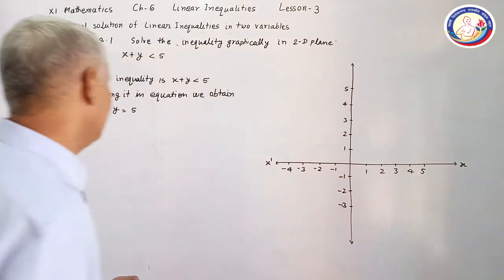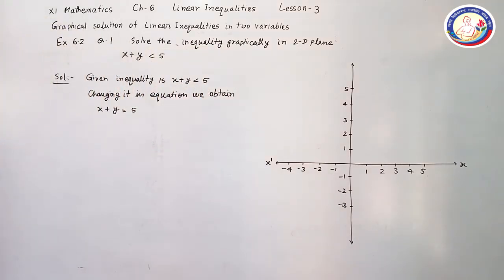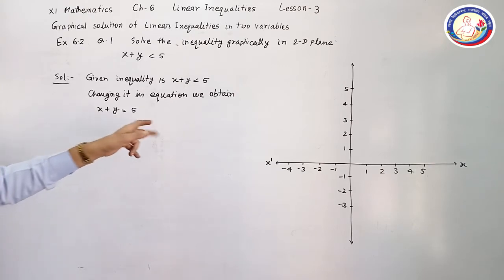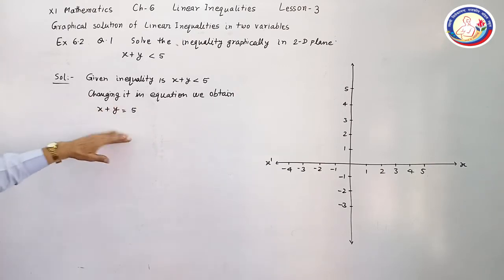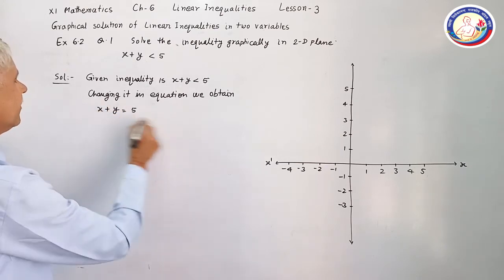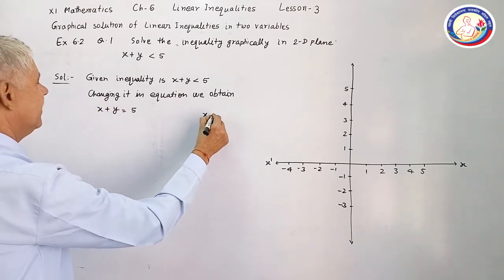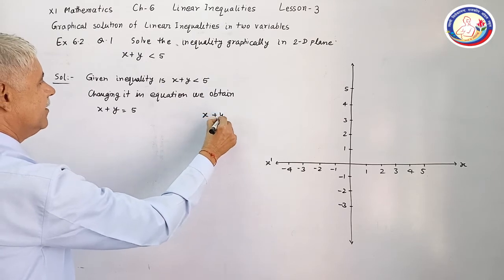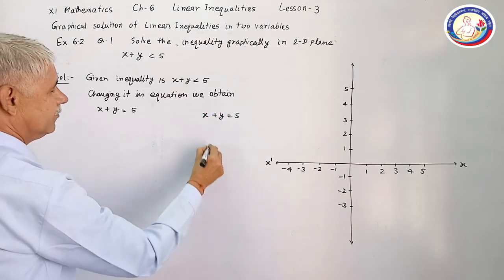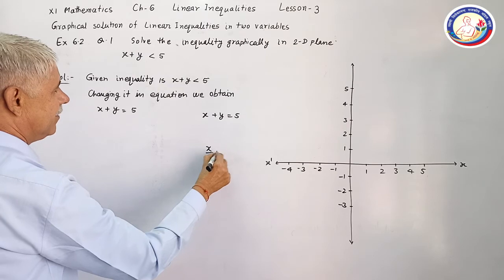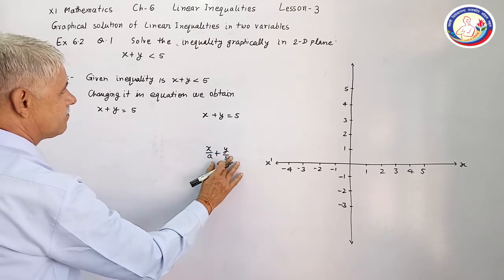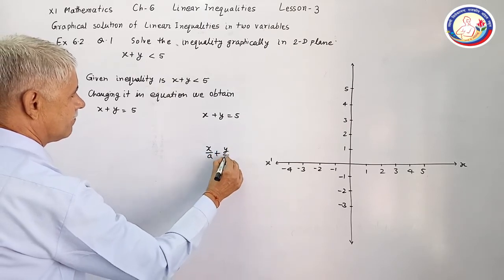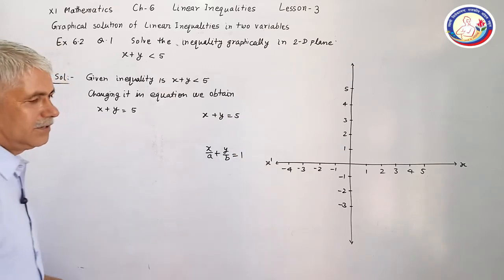The most simple way to find solution, I am telling it in two ways. First of all, change the equation of line into intercept form, x plus y equal to 5, to this form, x upon a plus y upon b equal to 1.